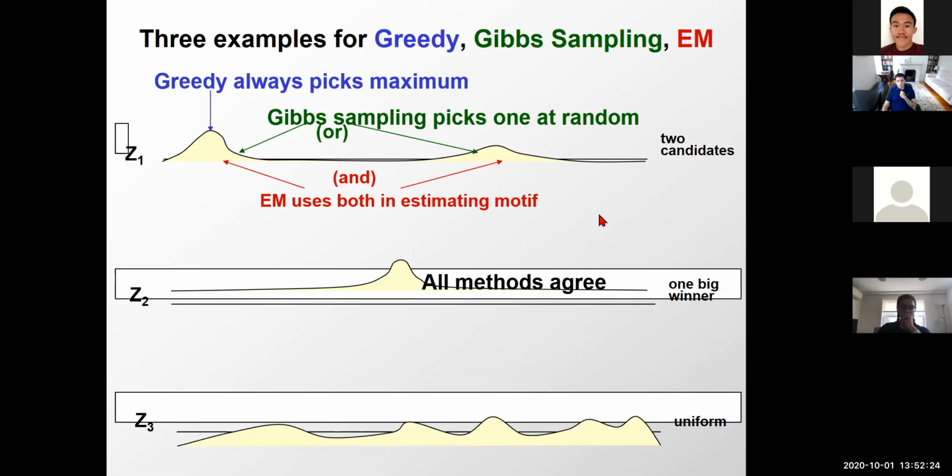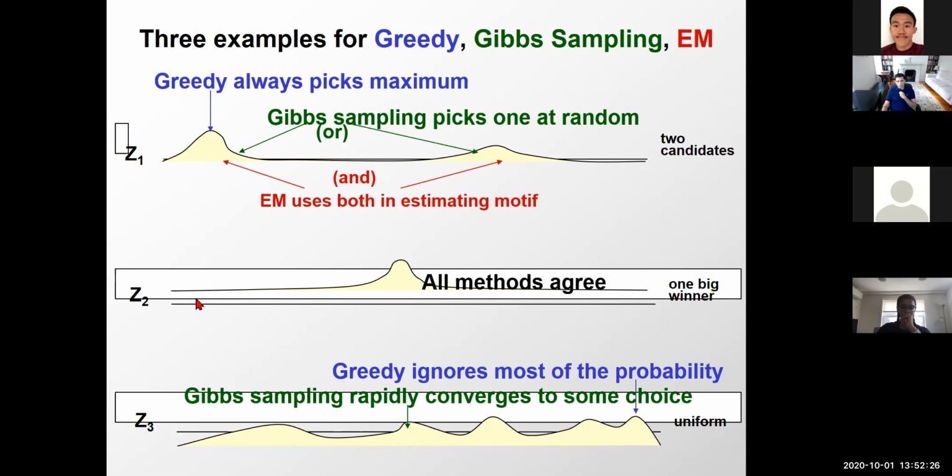In this case, where the Z_ij vector peaks at a single location, that basically says, well, that's probably my motif, I seek no further. And here, all of the methods would agree. Gibbs sampling would most likely sample this one. Expectation maximization would sum up all the weight, and that weight is basically this. And greedy would choose that as the maximum anyway. So all three methods agree here.